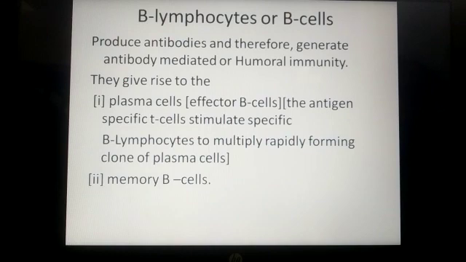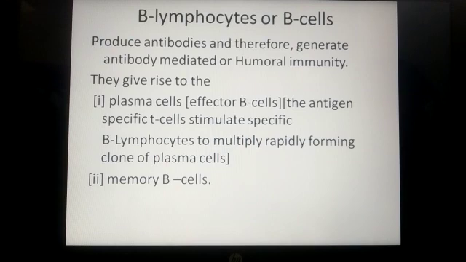B lymphocytes or B cells produce antibodies and therefore generate antibody mediated or humoral immunity. Antibody mediated immunity is also called humoral immunity. So B cells produce the antibodies and therefore generate humoral immunity.